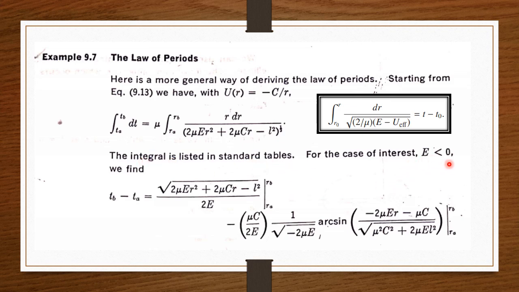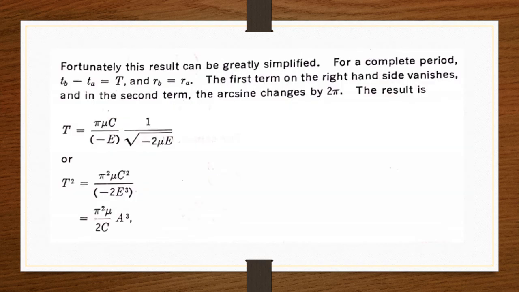For the special case when E is less than 0, we find t_b minus t_a equal to this much, and applying the limits, you get the final result, the same result which we found earlier. T square is equal to pi square mu by 2C A cube. So there are two ways to prove the third law, which is the law of periods. Kepler's third law can be proved in either of these ways.